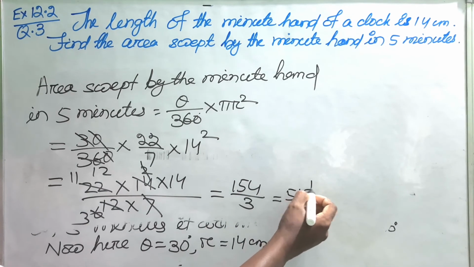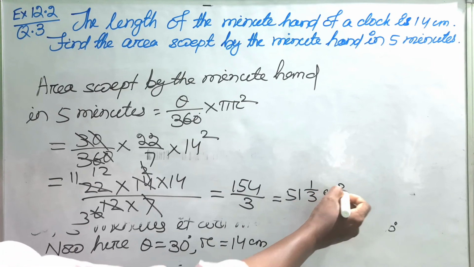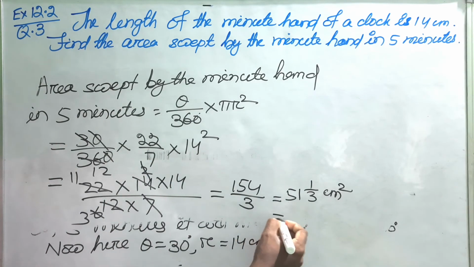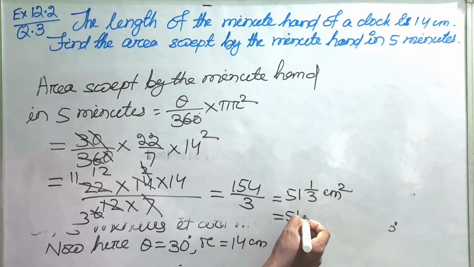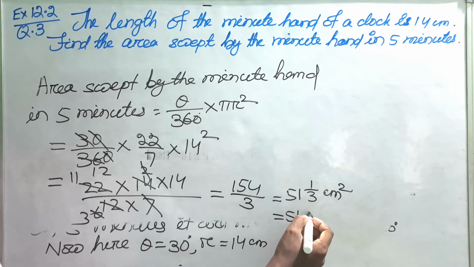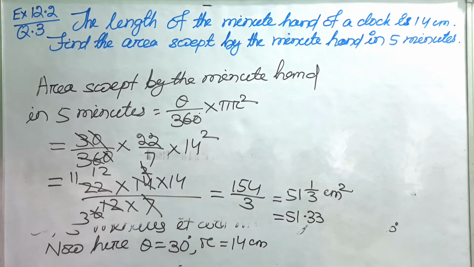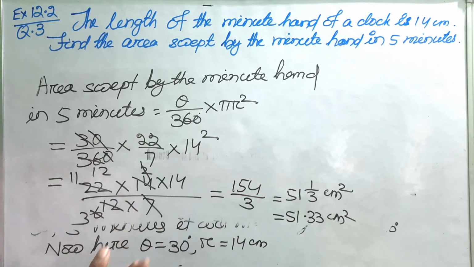So 51 whole 1 by 3 centimeter square. This is the area of the sector. If you express it in decimal form, it will be 51 point, 1 by 3 is 0.333. So you have to write it rounded to 2 places of decimal, 51.33 centimeter square. This much will be our answer.